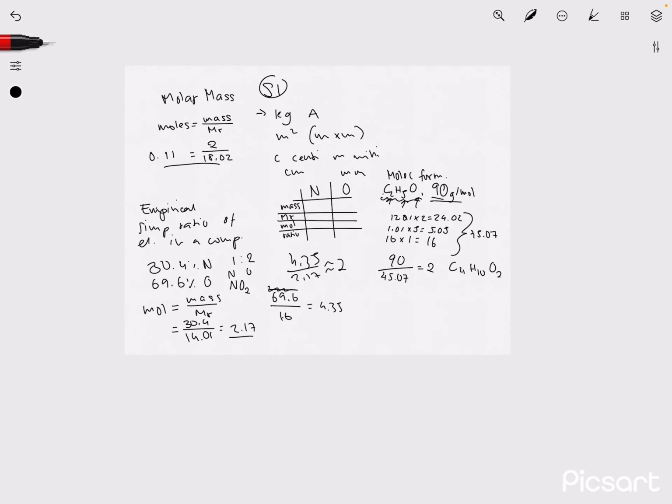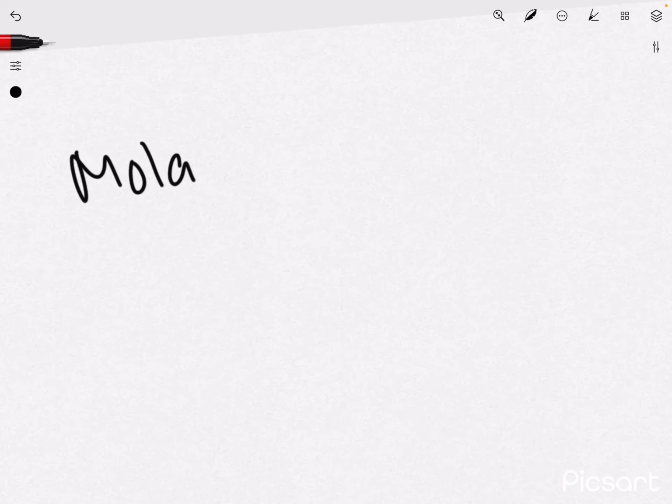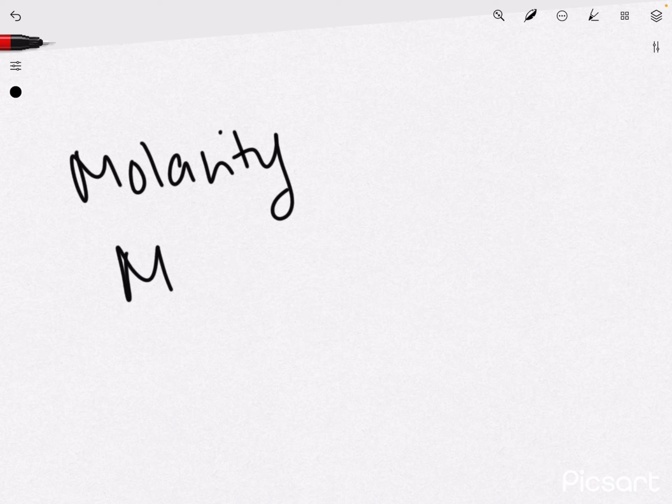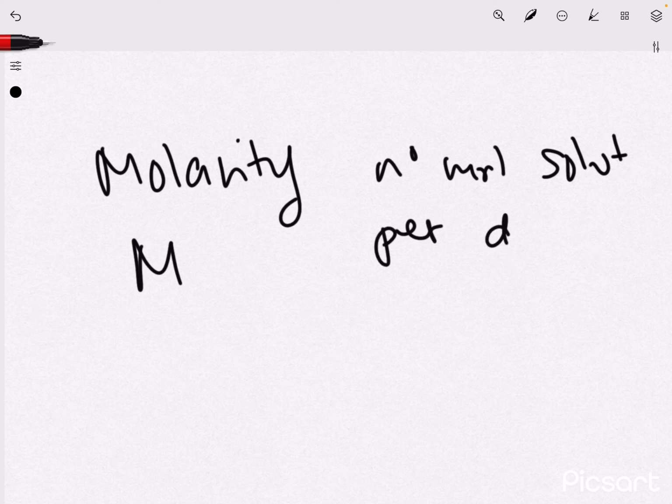On to topic 1.4.5. So, molarity, often represented by the capital M, is the number of moles of a solute per decimeter cubed, or liter, of a solution.